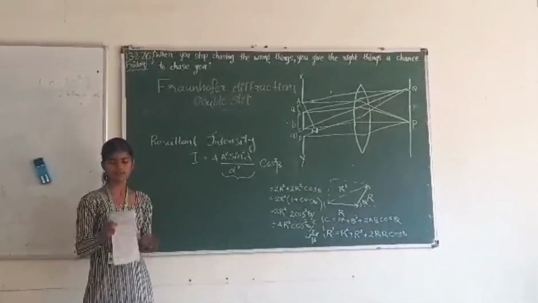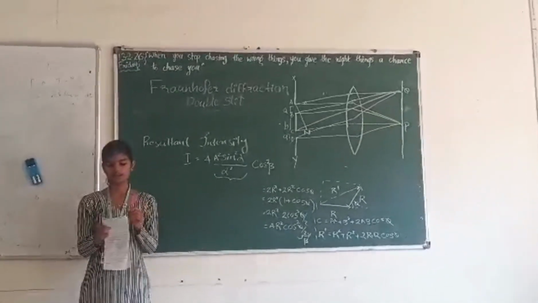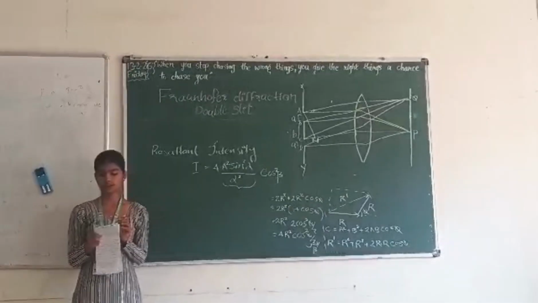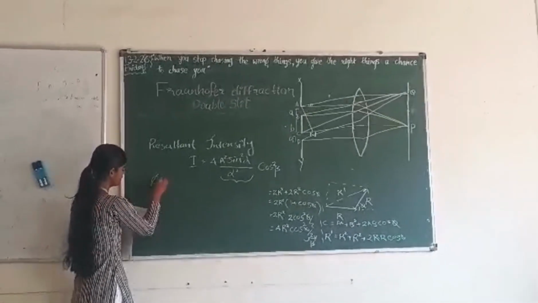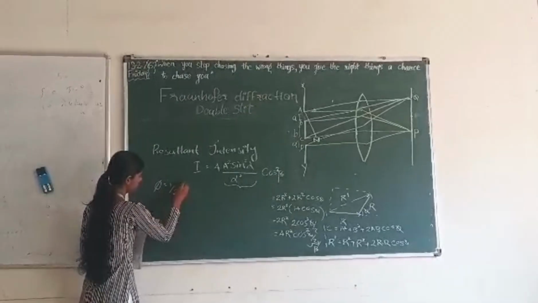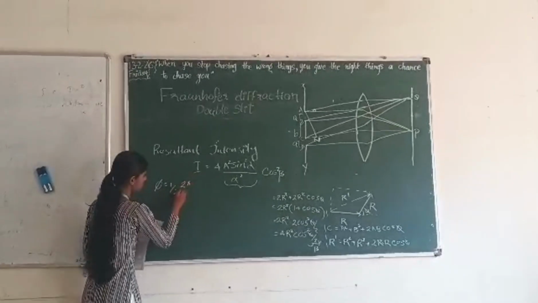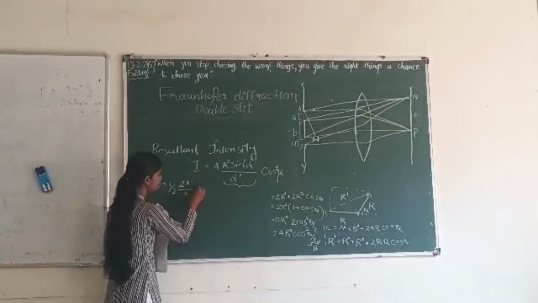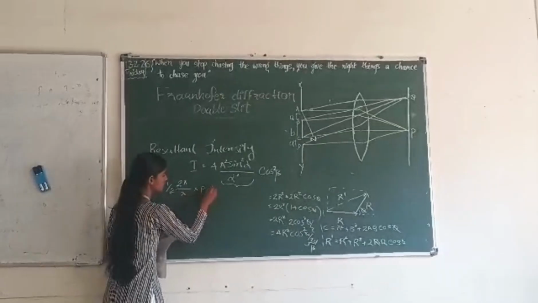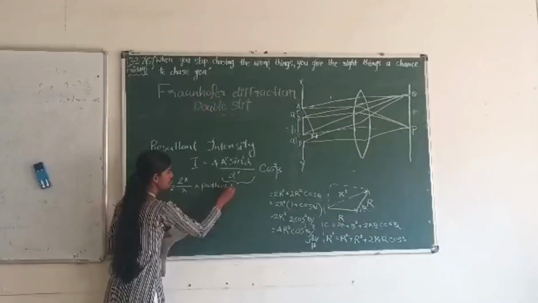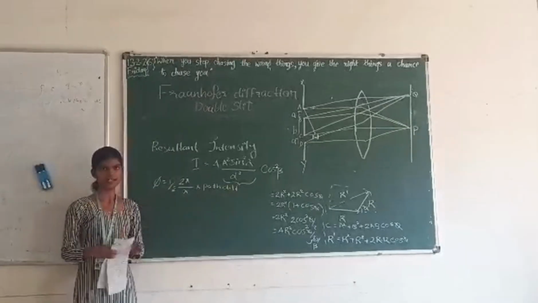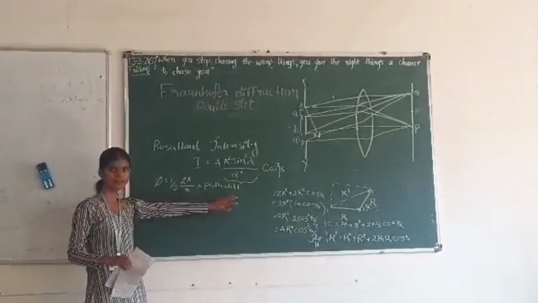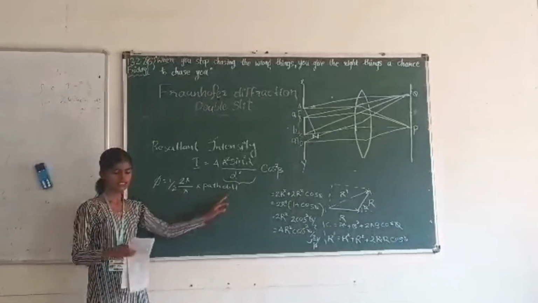And the phase difference phi we can calculate by 2 pi by lambda into path difference. So we are taking the interference method. The path difference will be a plus b sin theta.